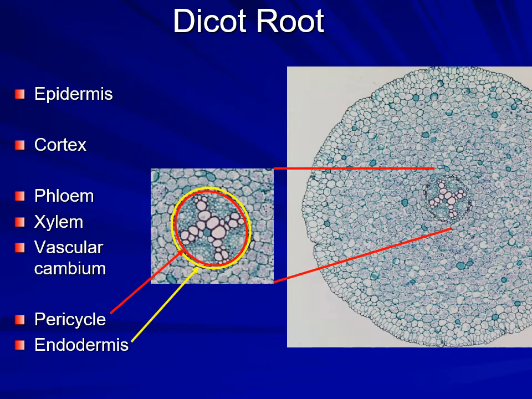So the pericycle is on the inside of this band that surrounds the vascular bundle, and the endodermis is on the outside. So we'll talk a little more about the endodermis soon.